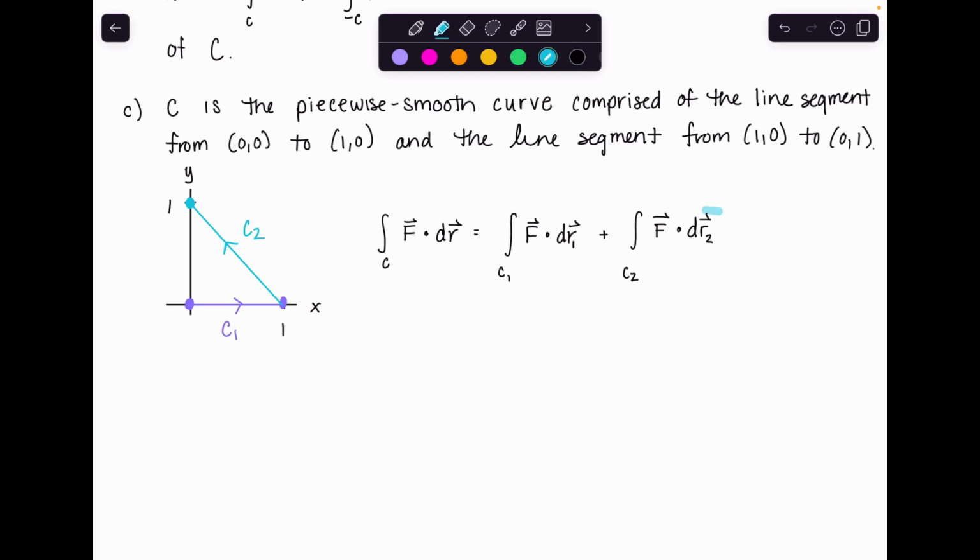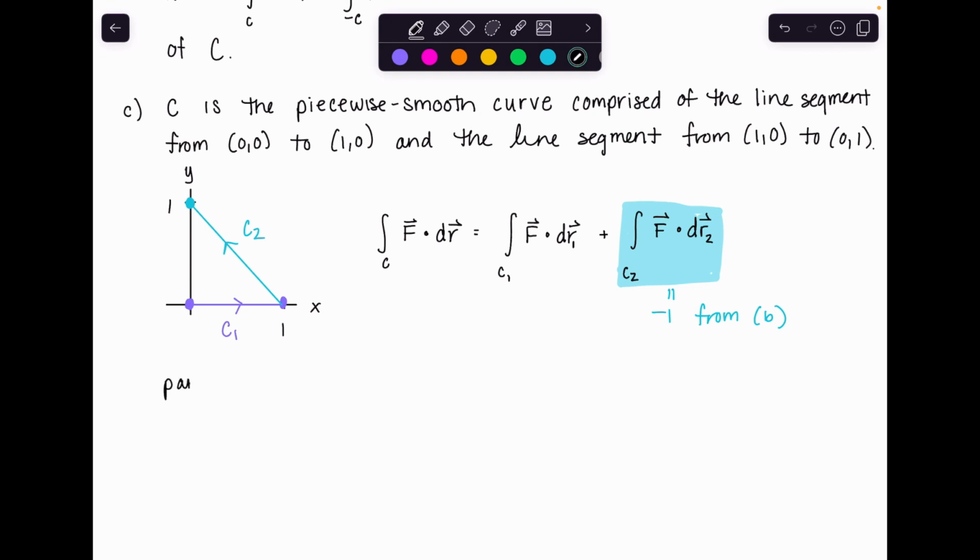But this one I've already done. This is exactly that second example, so we already know what this equals. We don't need to go through this. This is equal to -1 from part B. So instead, I just have to go through what the line integral over C1 equals.